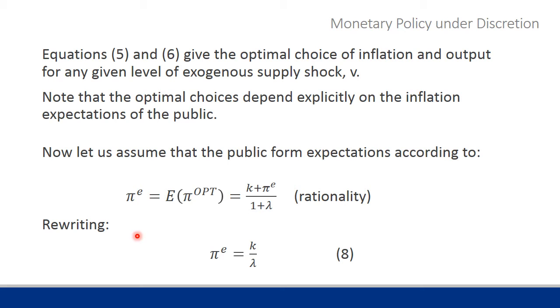We can solve for π^e to get that the rational expectation of inflation is equal to k divided by λ. k being the amount that the policymaker wants to keep output above its natural rate, and λ being the weight that the policymaker puts on the control of inflation.